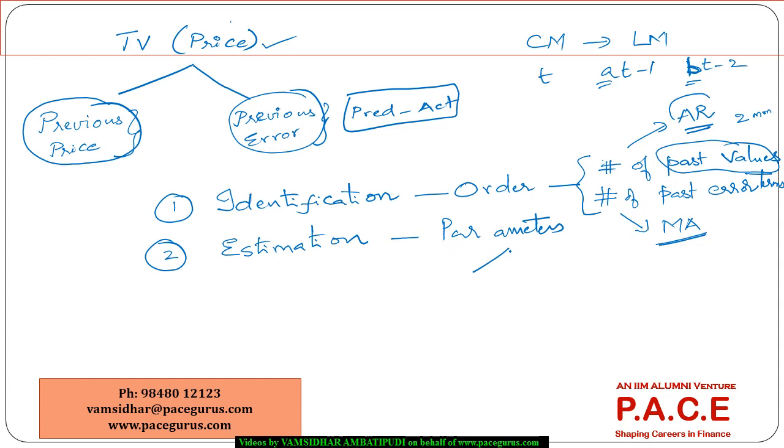In general, the parameters are estimated using either the least squares approach or the maximum likelihood approach. In different cases we can use different approaches.